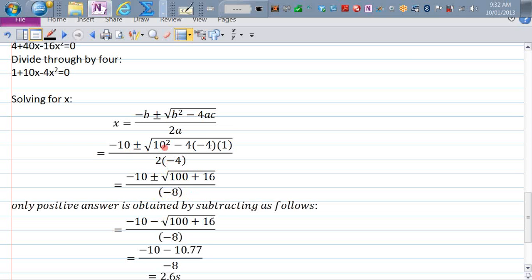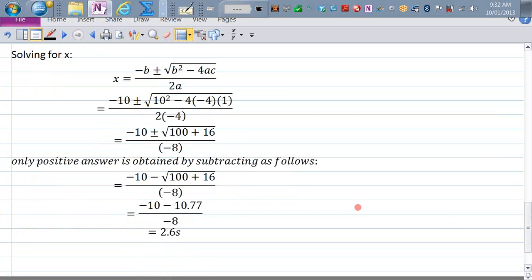So when we do this, 10 squared comes out to be 100. This term comes out to be plus 16, and 2 times minus 4 is minus 8. Now we can only have a positive value. We cannot have a time that's negative.